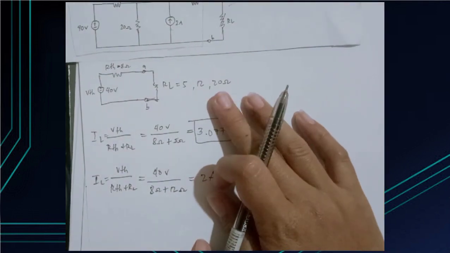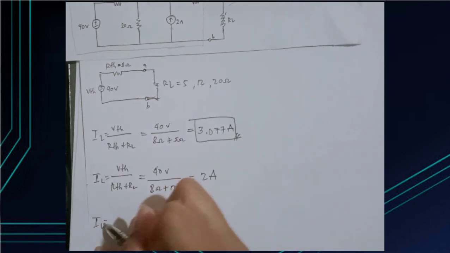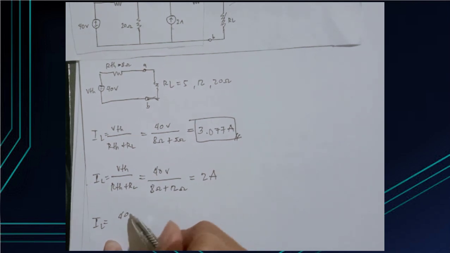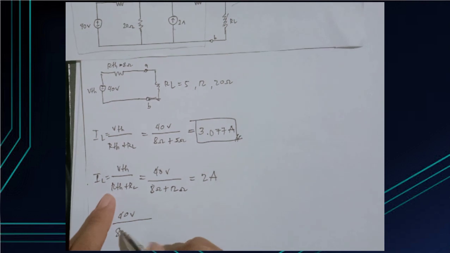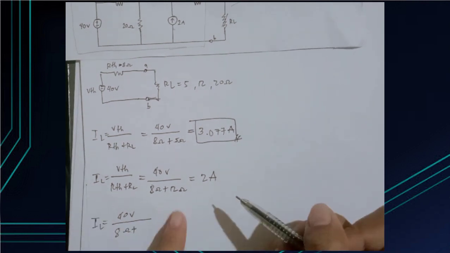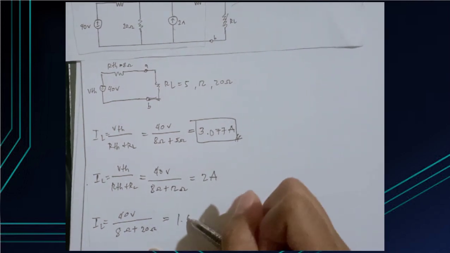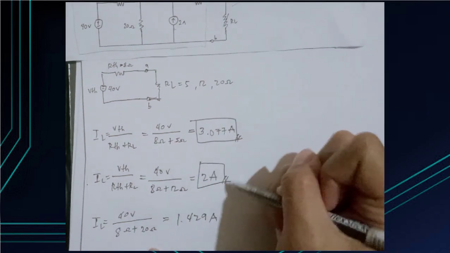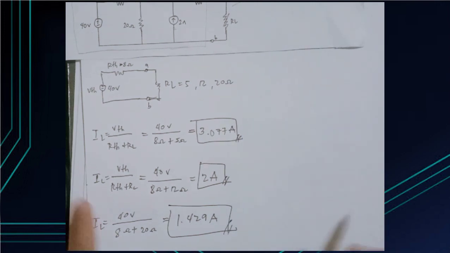So, ang hahanapin naman natin ngayon is yung sa RL na 20 ohms. So, IL is equals to yung VTH natin is 40 volts over yung RTH natin na 8 ohms plus yung 20 ohms na RL natin is equals to 1.429 ampere.